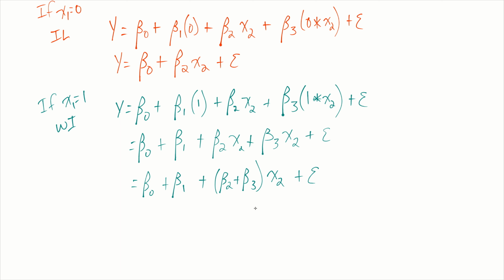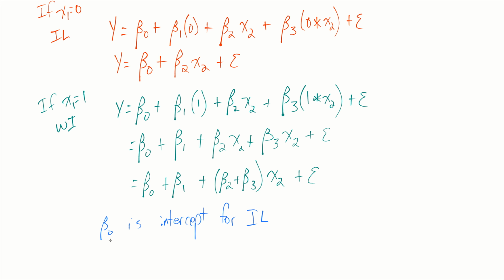Alright, so let's first summarize with words what all of these coefficients correspond to, and then I'll try to draw some pictures that can help you. So what is beta naught? Beta naught is the intercept of the regression line for Illinois, right?